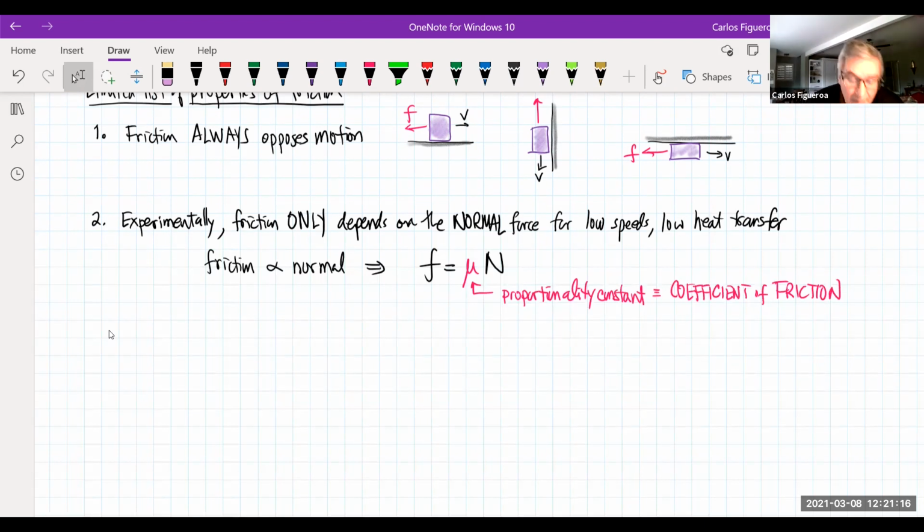And it turns out that because we have two different types of static values, we have three kinds of coefficients. So mu of s is called the coefficient of static friction.